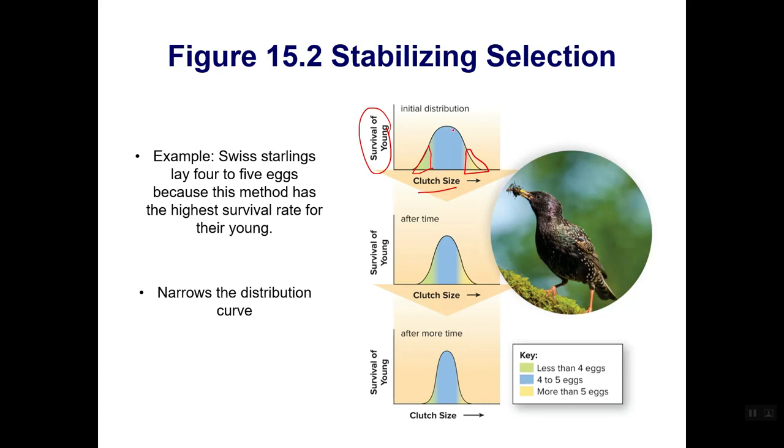So the birds that laid a clutch size around 4 to 5, you can see your key over here, by the way, were more likely to survive and reproduce. And so what you see is there is a narrowing of our bell curve over time. It narrows the distribution curve.